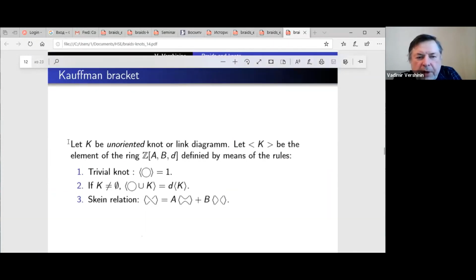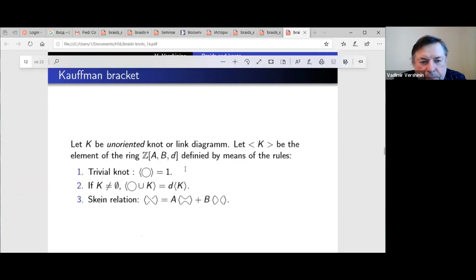So the Kauffman bracket we construct for K. Now we forget about orientation. We say let K be a link diagram. K is just a diagram, so it's not isotopy of links, only of diagrams, and then we improve our bracket to construct an invariant, at first of two Reidemeister moves.